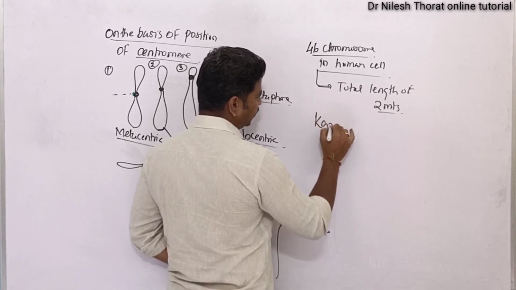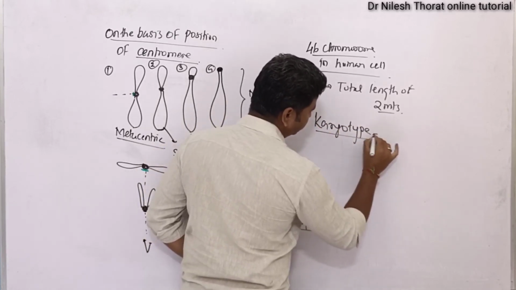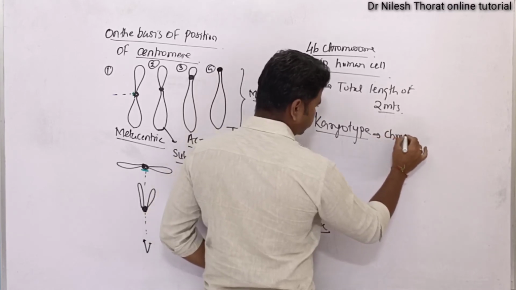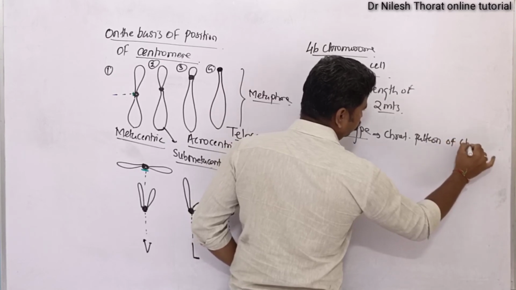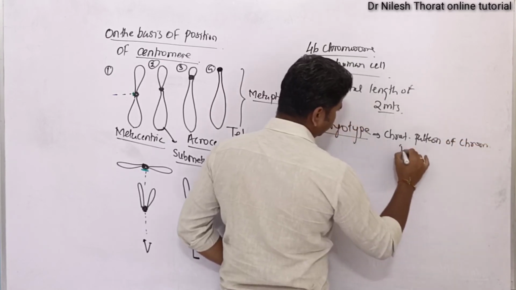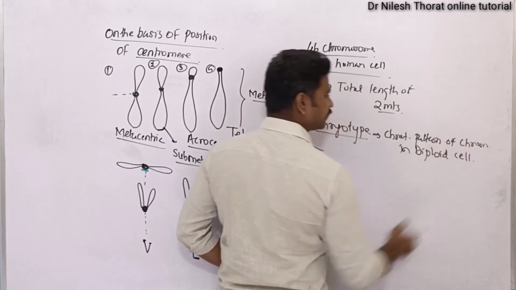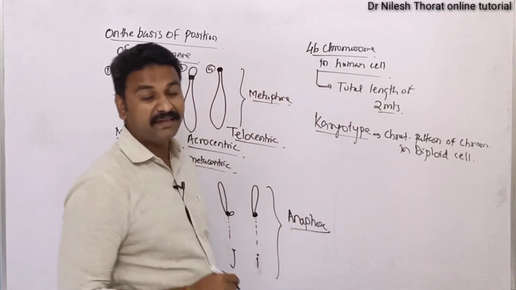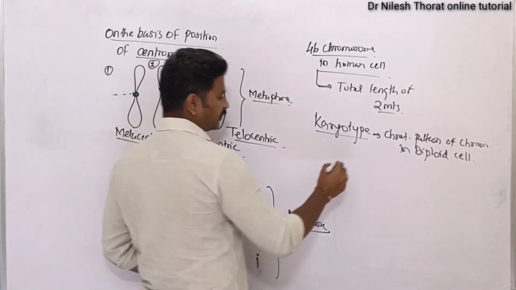So karyotype is the characteristic pattern of chromosomes in a diploid cell. Clear? And the diagrammatic representation of this karyotype is called an ideogram.